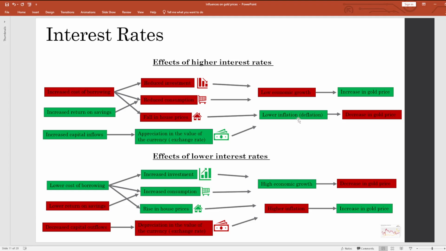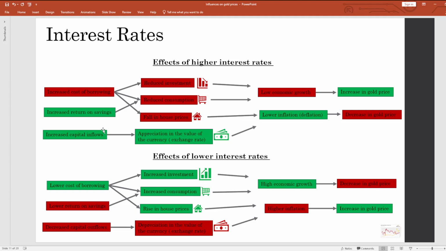And then the third point, you'll have increased capital inflows into an imaginary country, let's say. I'm going to frame it like that. I don't want to use specific countries. This is just a generic model.